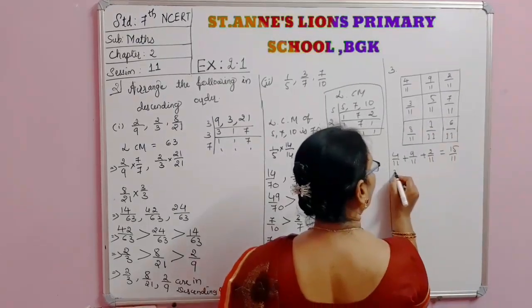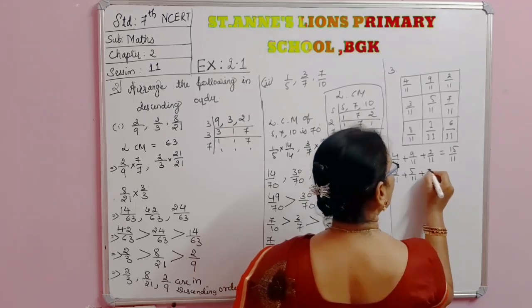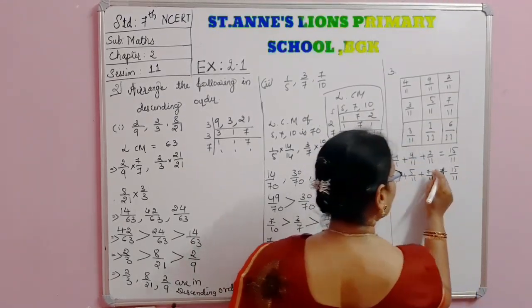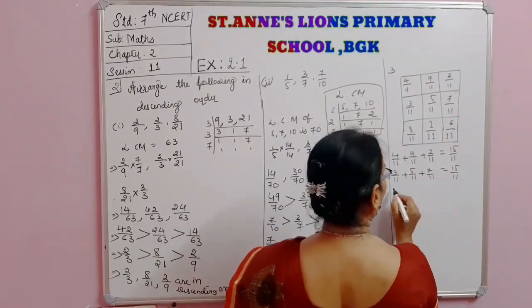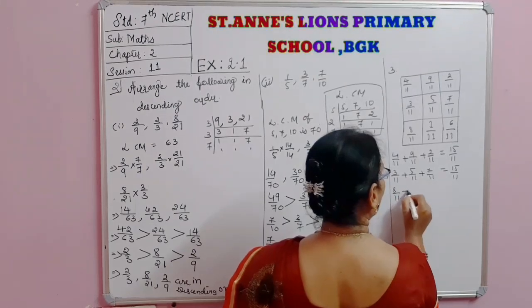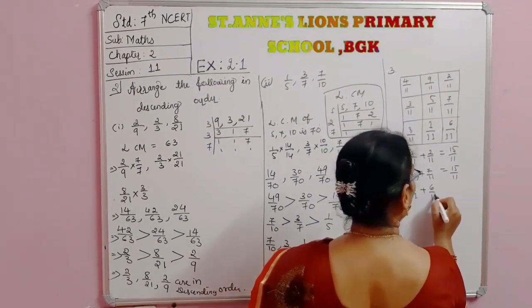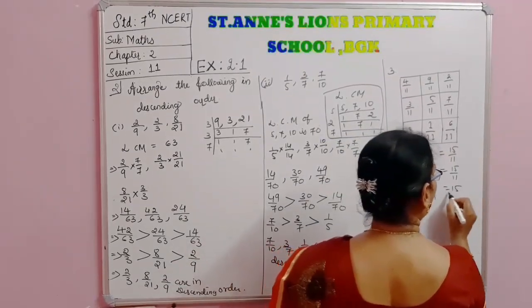Second row also same. 3 by 11 plus 5 by 11 plus 7 by 11 is equal to 15 by 11. 7 plus 3, 10, 10 plus 5, 15 by 11. 8 by 11 plus 1 by 11 plus 6 by 11. 8 plus 1, 9, 9 plus 6, 15 by 11.